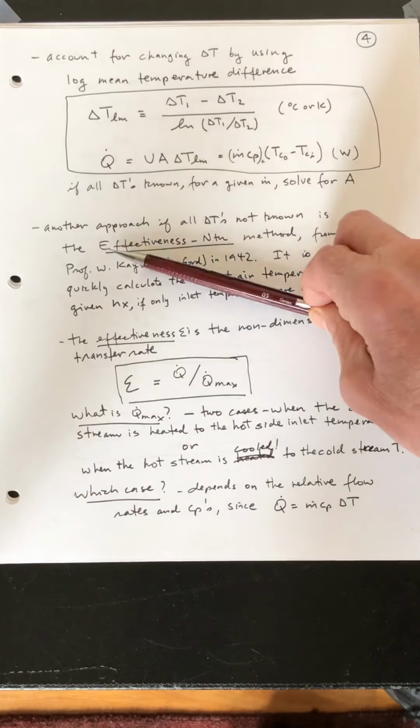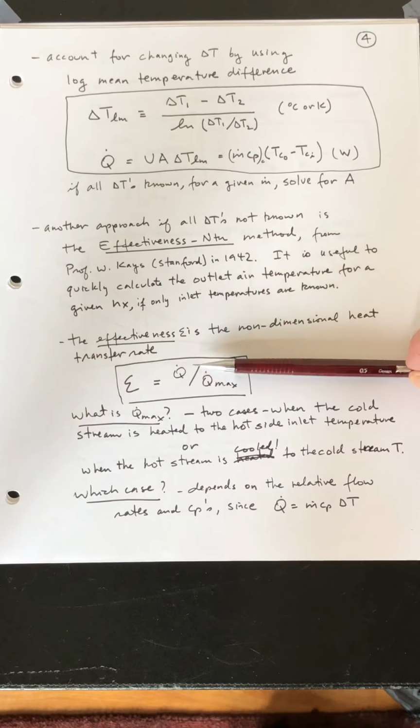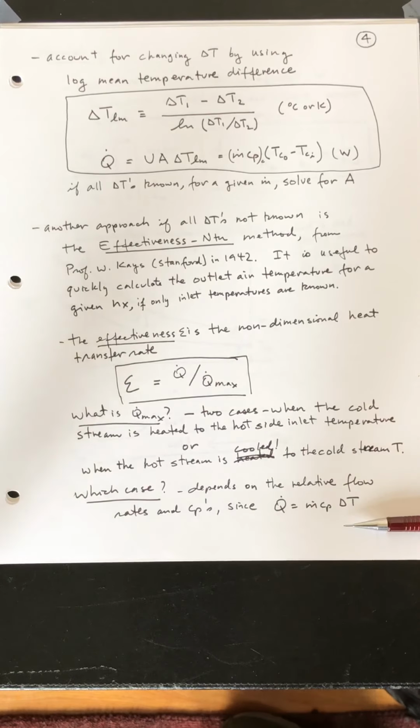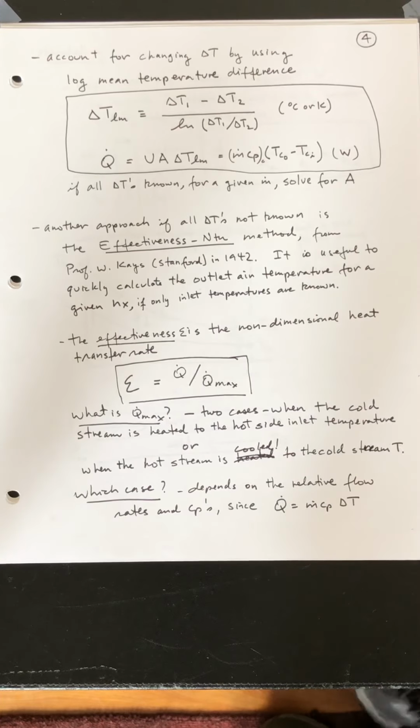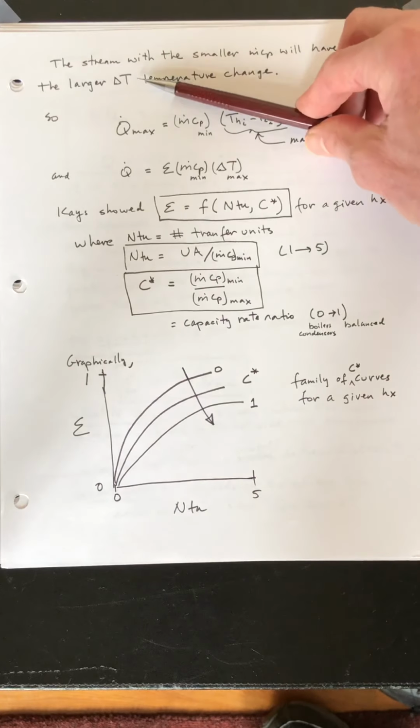So what is effectiveness-NTU? The effectiveness is the actual heat transfer divided by the maximum heat transfer. What's the maximum? Well, if you just think about it logically, it turns out that the maximum heat transfer is one where the side with the smaller flow rate times specific heat will have the largest temperature change.